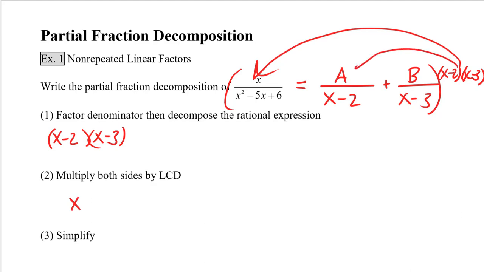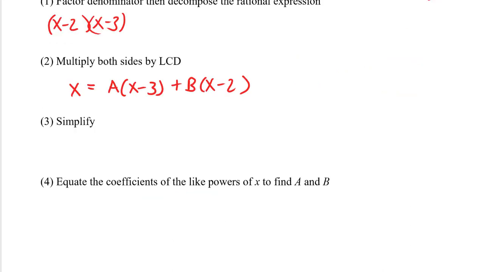When we distribute this over here, the x minus 2's cancel, so we have a times x minus 3, and when we distribute here, the x minus 3 factors cancel, and we have b times x minus 2. Next we simplify by distributing, so we get x is equal to ax minus 3a plus bx minus 2b.